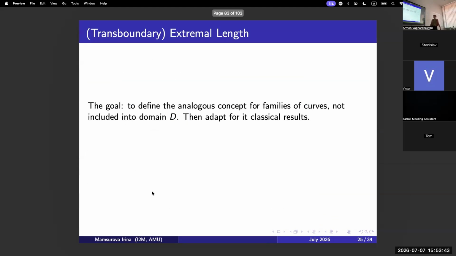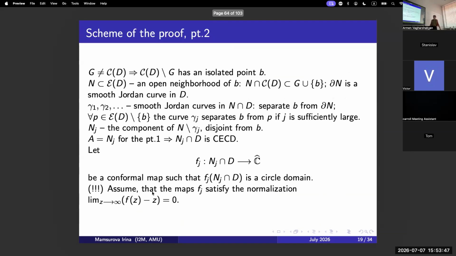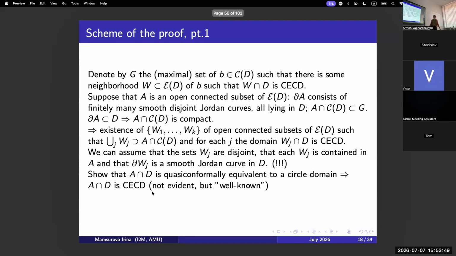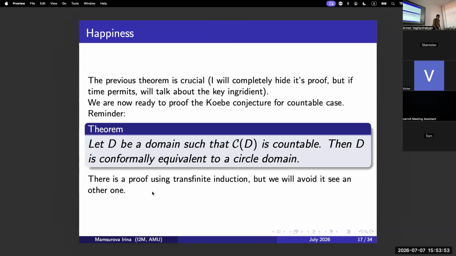And Carathéodory's theorem is just a direct way to prove Löb's conjecture in the infinitely connected case. Sorry, I think I didn't say half of what I wanted, but I should stop.